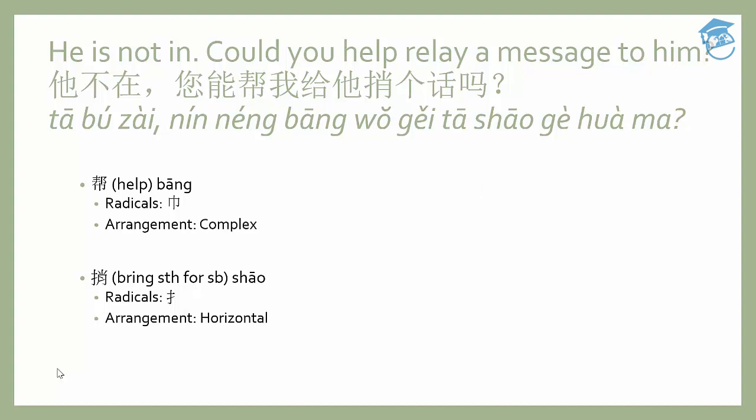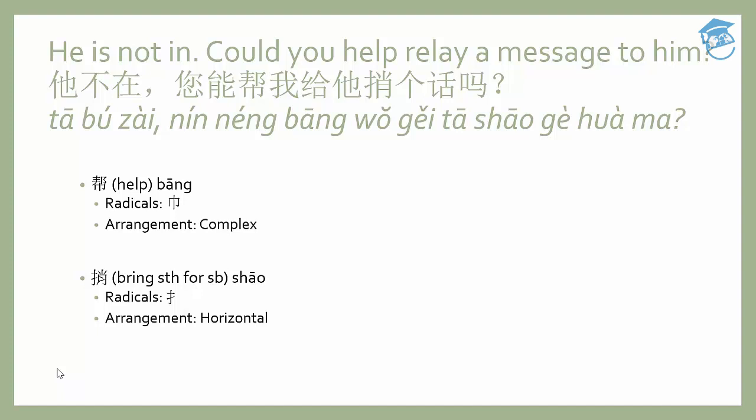Okay, let's decipher the second part of the sentence. 您能帮我给他捎个话吗? You help. Okay, me. So in direct translation, it's like, you can help me give him, relay a message. Okay, so the first 4 words should be easy enough.